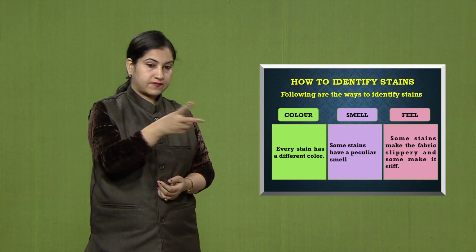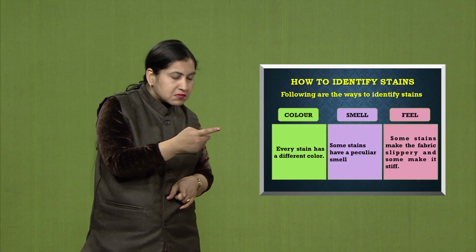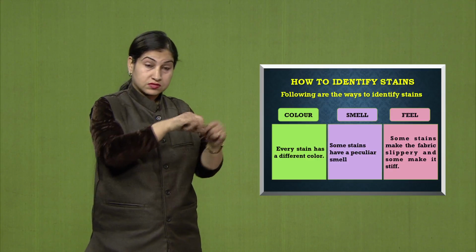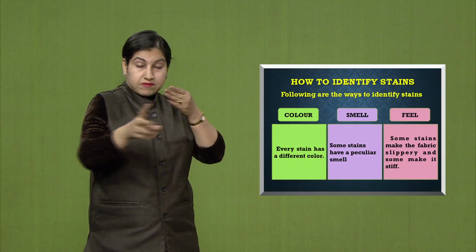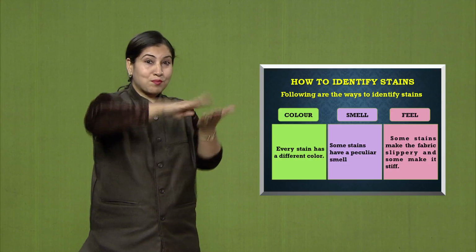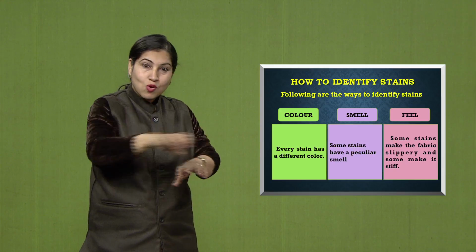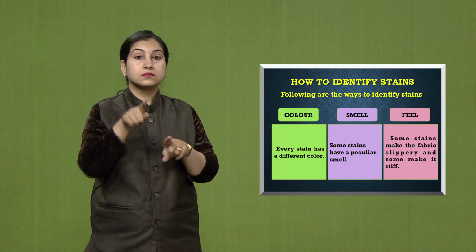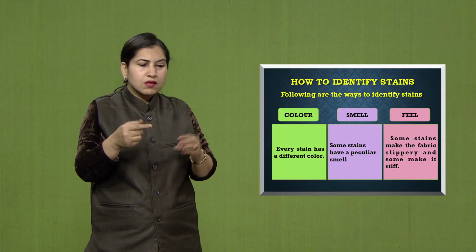We can identify stain by smelling also. Most stains have a peculiar smell. For example, you can get a smell of egg or paint or shoe polish. You can also recognize stains by feel or touch.